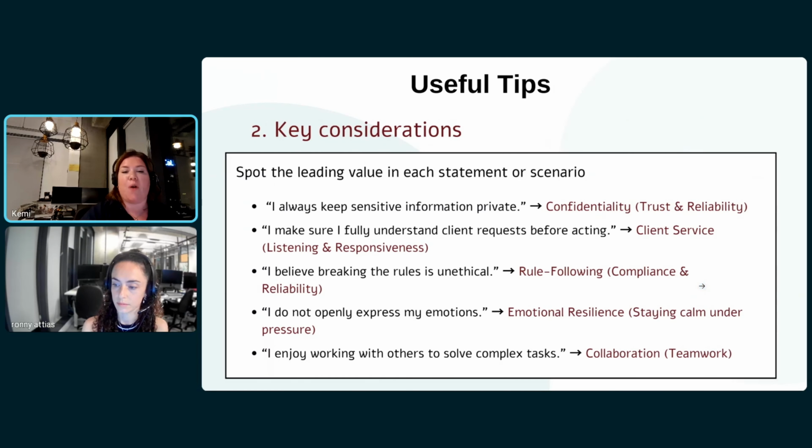And "I enjoy working with others to solve complex tasks." Collaboration, teamwork, very important in the banking world to be sociable. So there is the key, enjoy working with others.